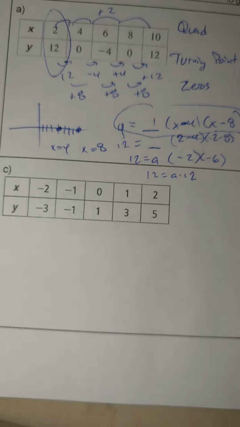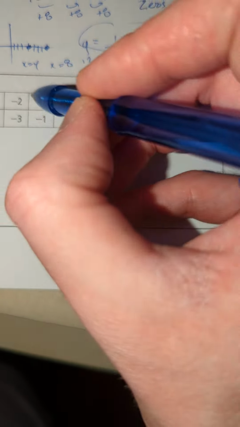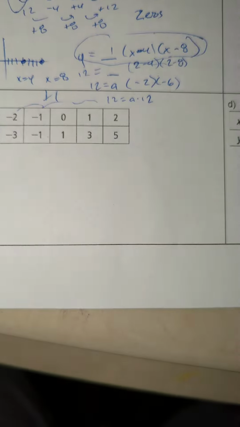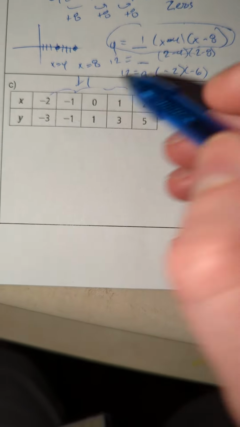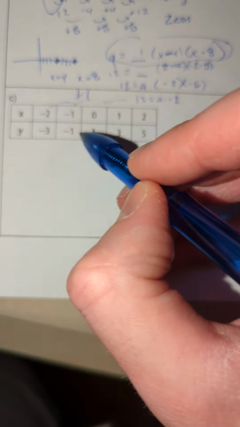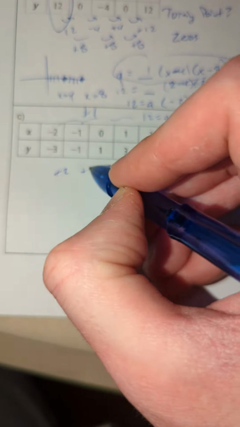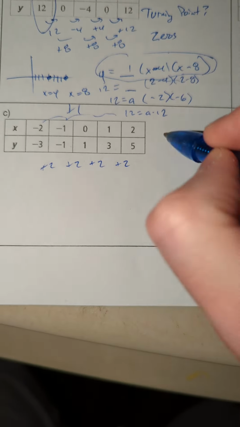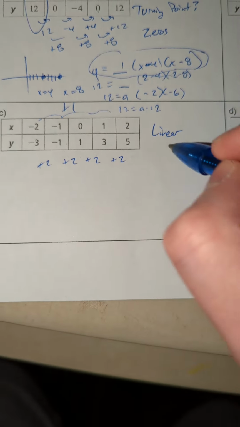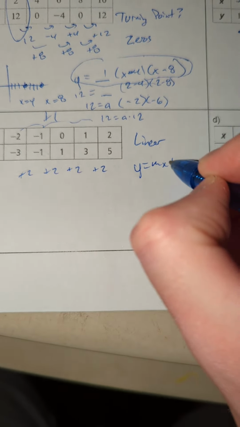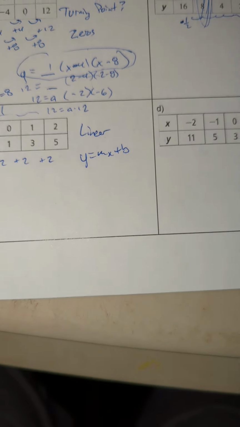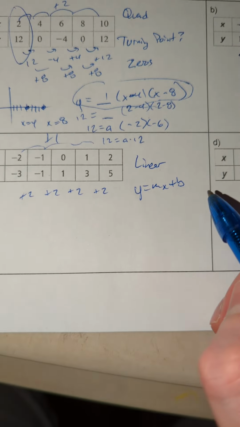Okay, let's keep going. For this one, I see that my x's are plus 1s, and my y's look like plus 2, plus 2. Oh, okay, good. Plus 2 throughout. So I know it's linear. For linear, it's y equals mx plus b. I mean, I could use a different formula, but this is one people are most comfortable with.